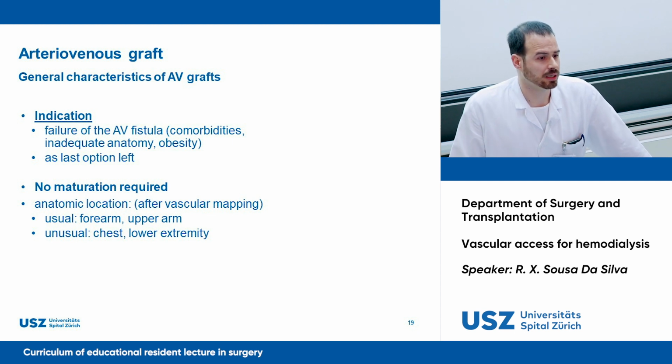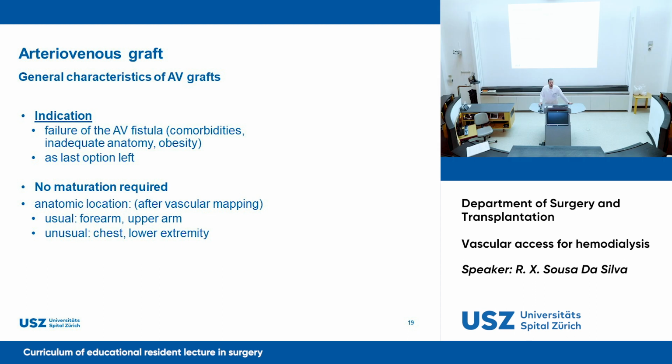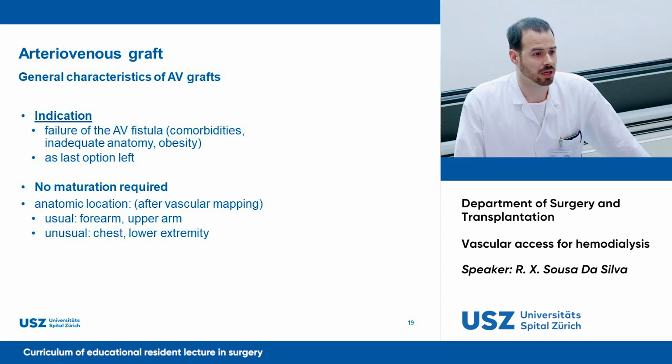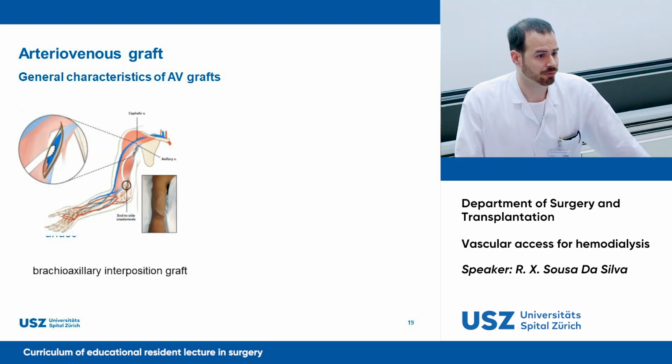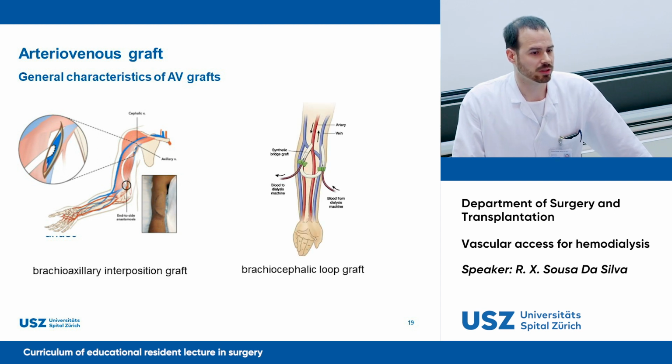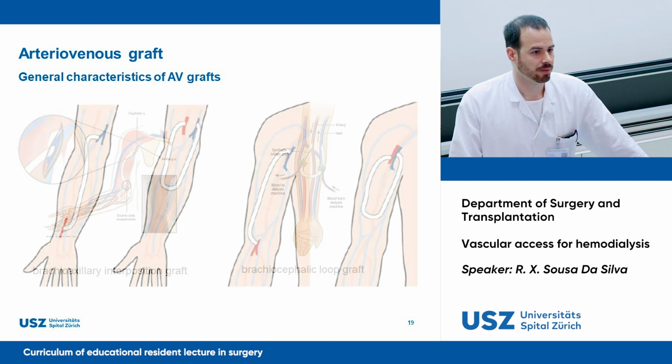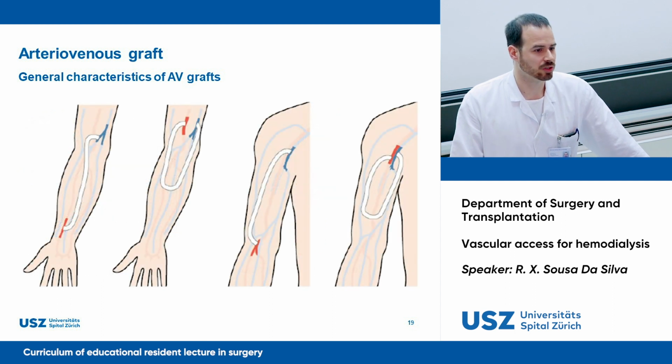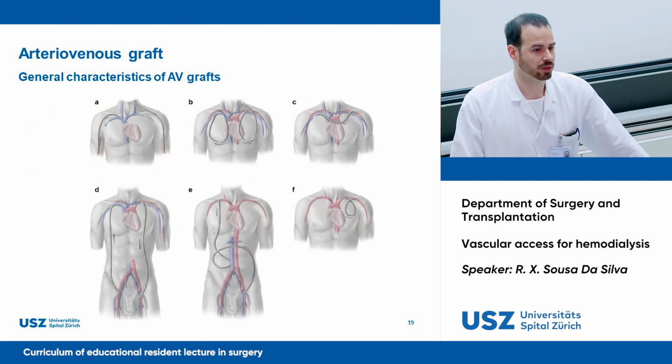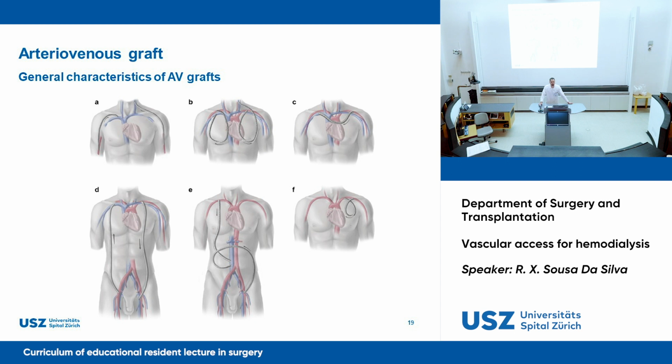The most common anatomic location is the forearm, followed by the upper arm, and then you have also some fancy places. You will see you can put a graft nearly everywhere. Here, for example, the more common brachioaxillary interposition graft, or also a brachiocephalic loop graft. Then you can have those variations or even more extensive graft positioning.